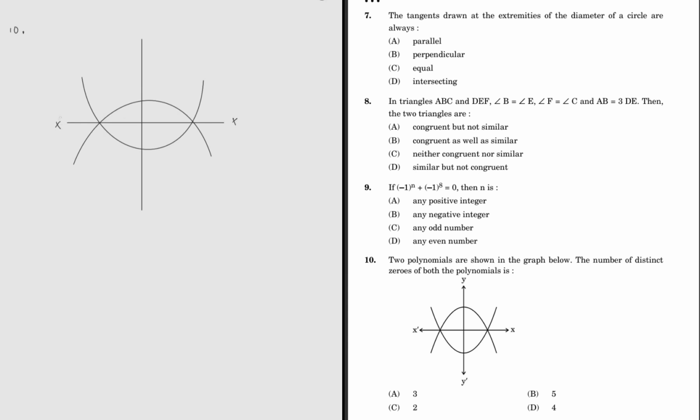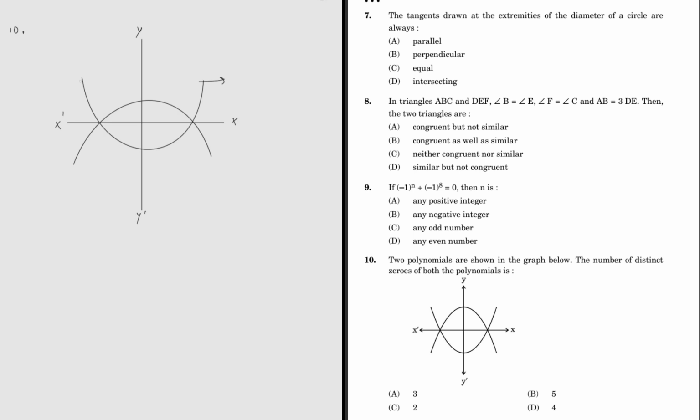Okay, this is x, x dash, y, y dash. The number of distinct zeros of both the polynomials is.